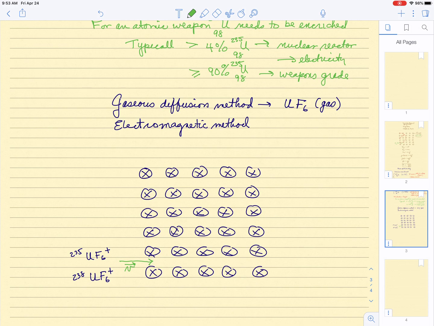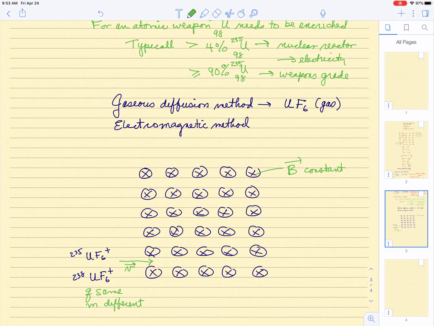They have the same charge, so q is the same, but the mass is different. The magnetic field is constant. And as I said, you can control the magnitude of the velocity.